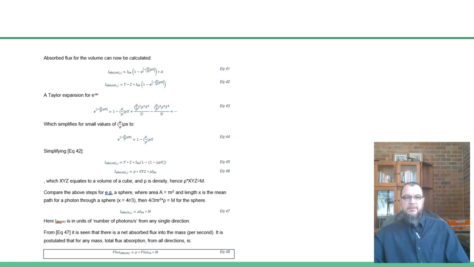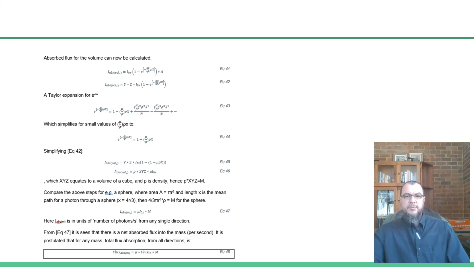The on-screen equations will not be discussed in detail in this video. They can be analyzed in detail in the paper or will possibly be discussed in later videos. What we can take away from the bottom of this page is that for any mass, the absorbed flux equals mu times flux in times the value of the mass, where mu would be the specific absorption coefficient for the type of material, as we have defined earlier when we split the gravitational constant G into two parts.